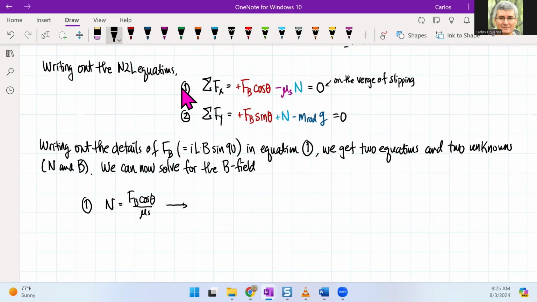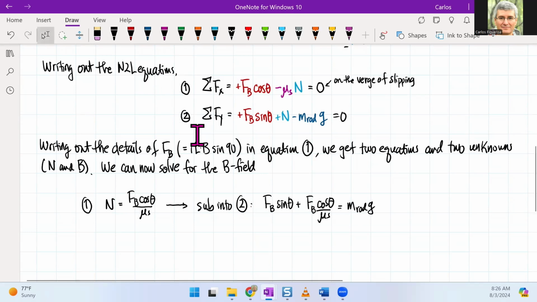Then I'm going to sub into equation 2. And that's going to give me F_B sine of theta plus F_B cosine of theta of this term right here. And then my right side is m of the rod times g.